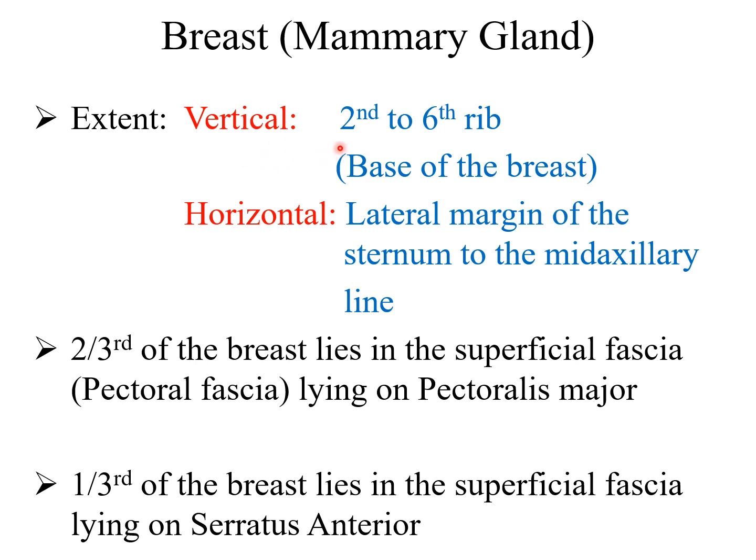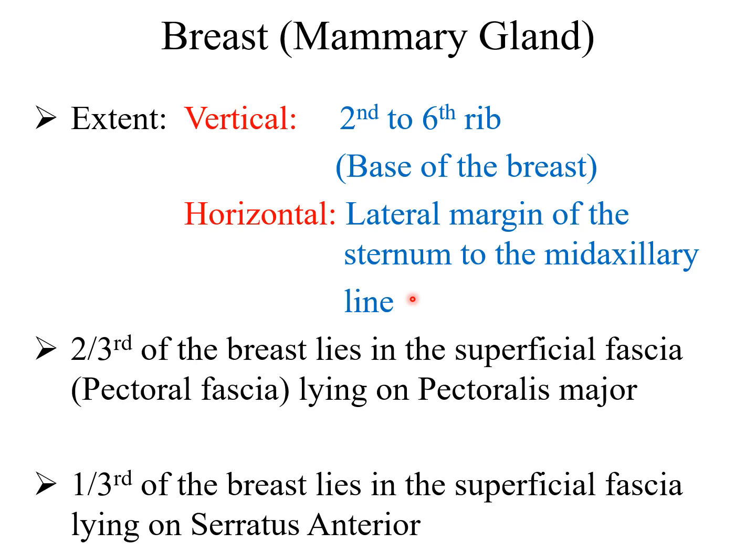The upper limit is the second rib and the lower extent is the sixth rib, and that we name as the base of the breast. And horizontally, from the lateral margin of the sternum to the mid axillary line. What is mid axillary line? If we draw a line from the middle of the armpit, that is known as mid axillary line.